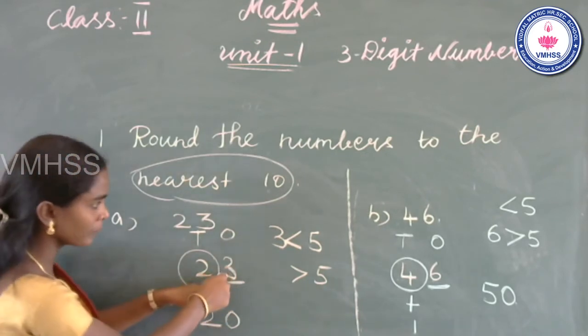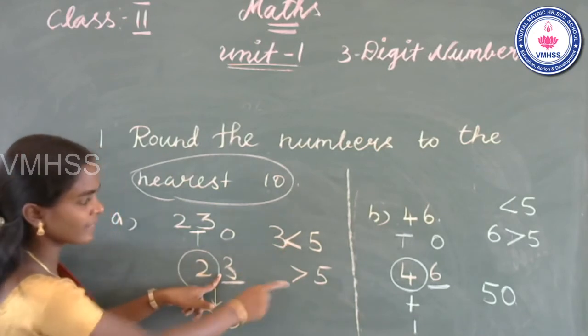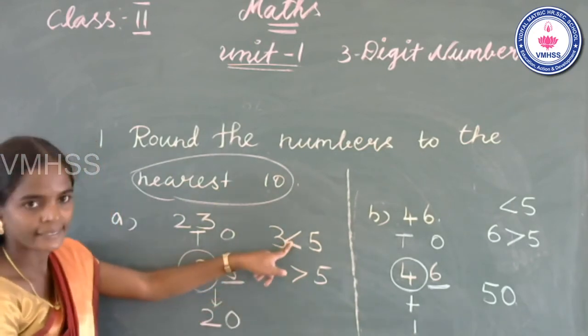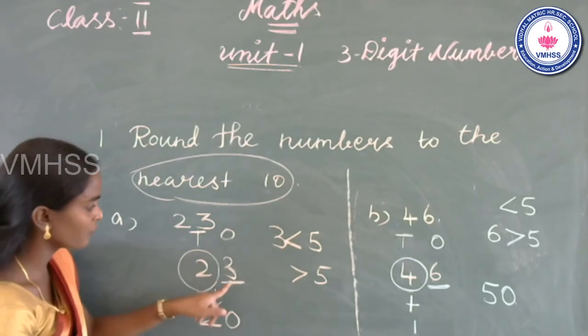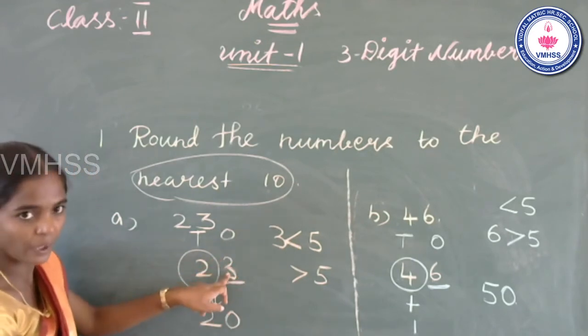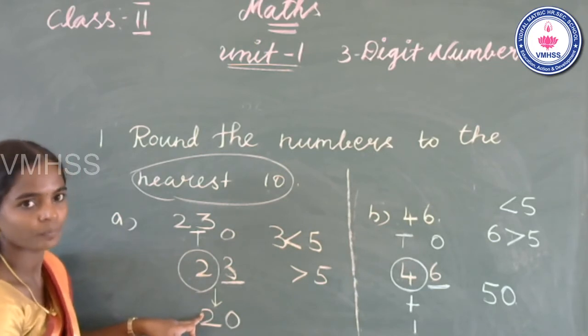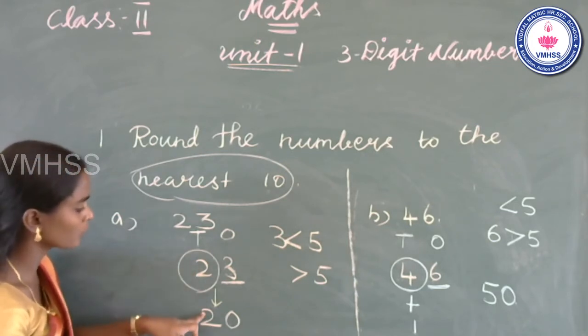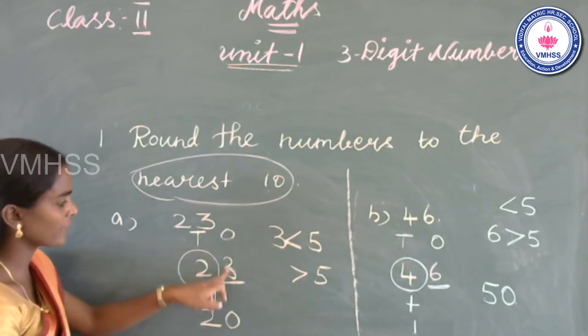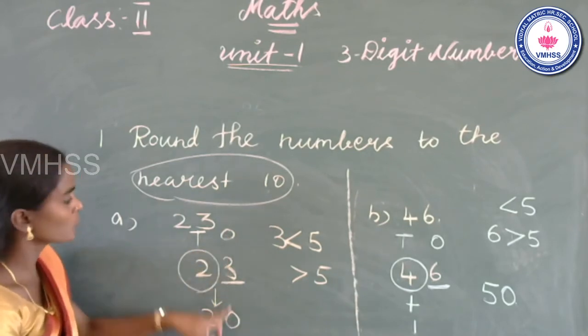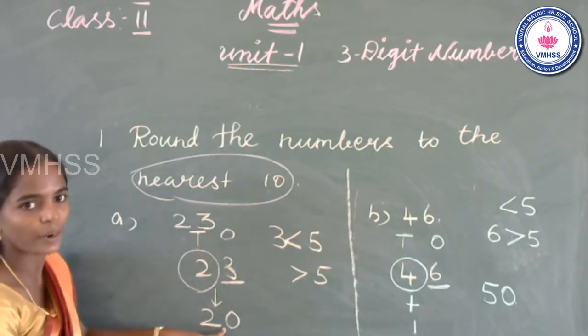Is it greater than 5 or less than 5? Less than 5. So the tens place number 2 stays the same, and the ones place number becomes 0. So 23 nearest 10 is 20.